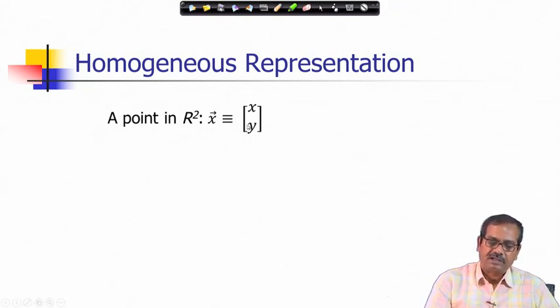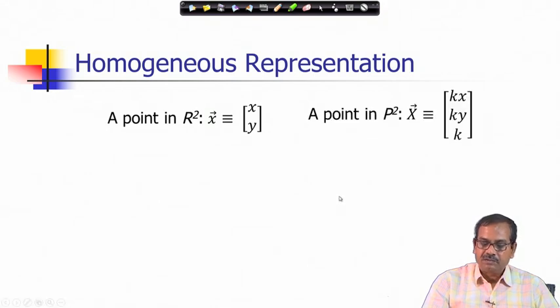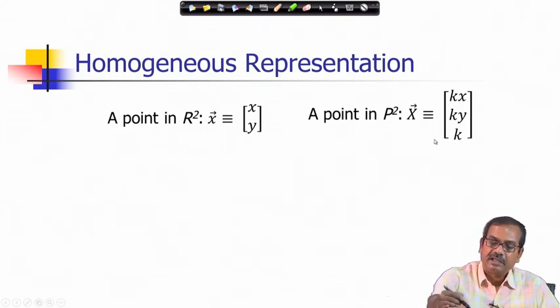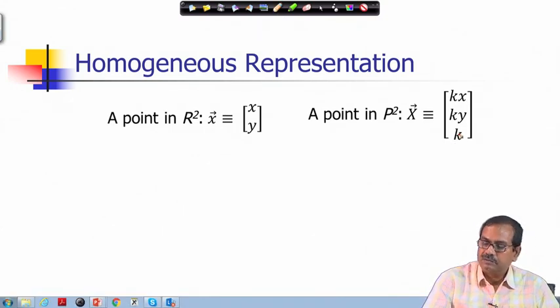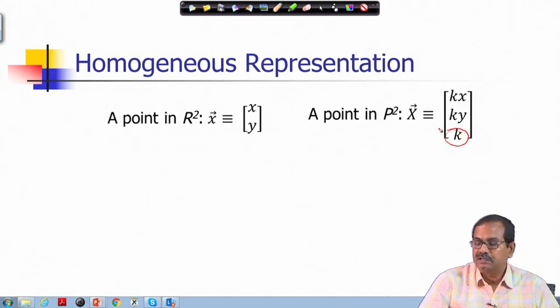You can also represent this as a column vector of coordinates, and this is the representation I will follow throughout this lecture. The corresponding point in the projective space is denoted in this form, and here also you can see that it's a 3-vector representation where you have an additional dimension denoting the scale, which is multiplied with all other coordinates.